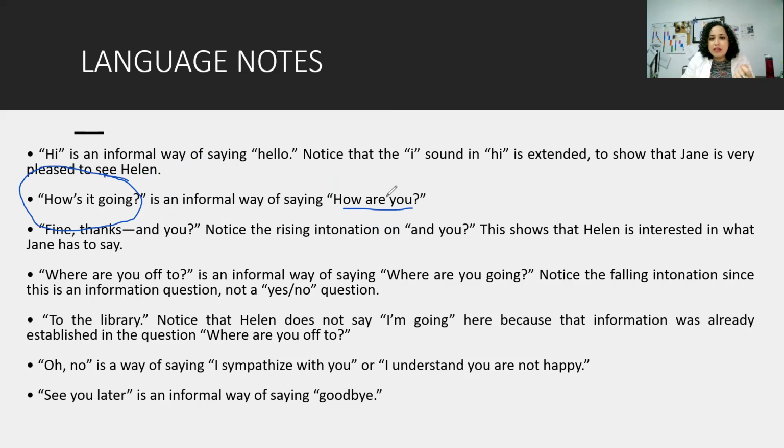And another one instead of how are you is, how are you doing? How are you doing? But then you say it, how? You kind of contract and say it like this, how you doing?